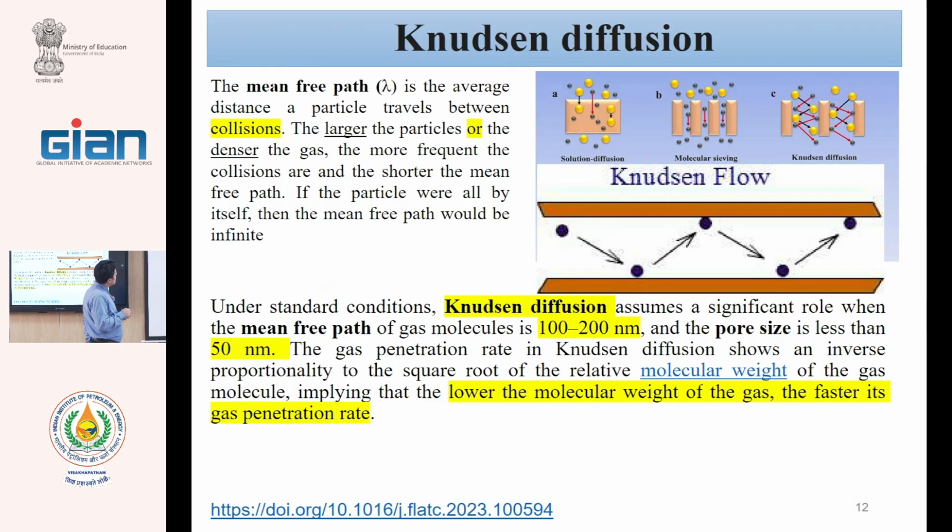This mean free path is related to the size of the gas and the concentration of the gas, okay? When we have a big gas molecule, the distance will be lower. The possibility of collision increases. With an increase of the gas concentration, the distance also decreases because the collisions increase.